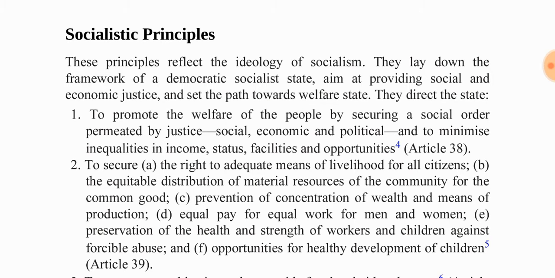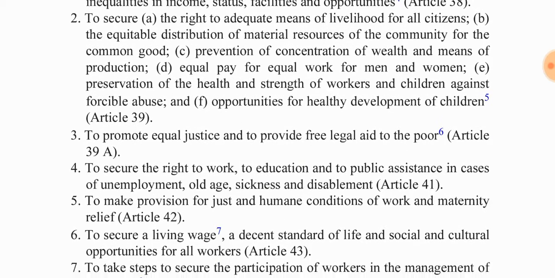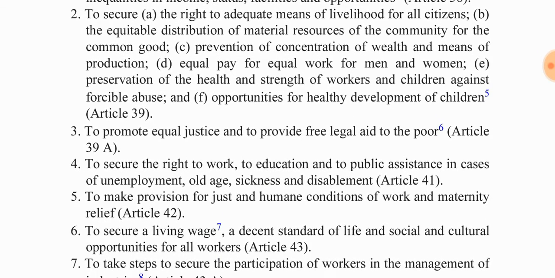Then it directs the state to secure the right to adequate means of livelihood for citizens, their health, equal pay for equal work for men and women, and so on. Then the other important thing is to promote equal justice and to provide free legal aid to the poor as in Article 39A.